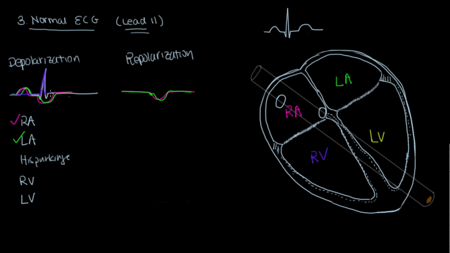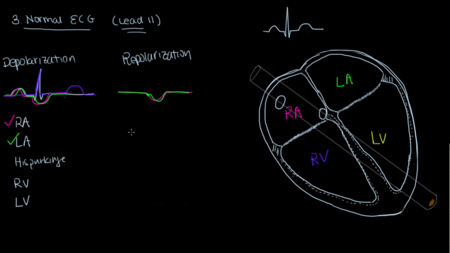And then from here, we're going to see the repolarization look that way, which is a little bit strange, right? We had the atria repolarizing in the opposite way, as you would expect. But for some reason, the repolarization is in the same direction as the depolarization.